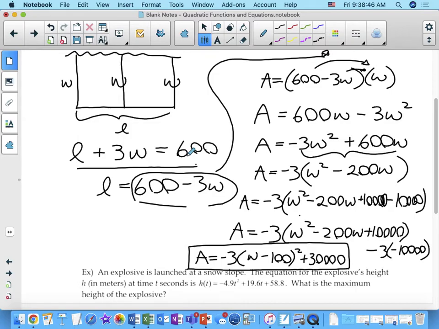If you were to put this on a graph, area and width, which variable would go on each axis? Would area go on the y-axis or the x-axis? Yep, the y-axis, right.